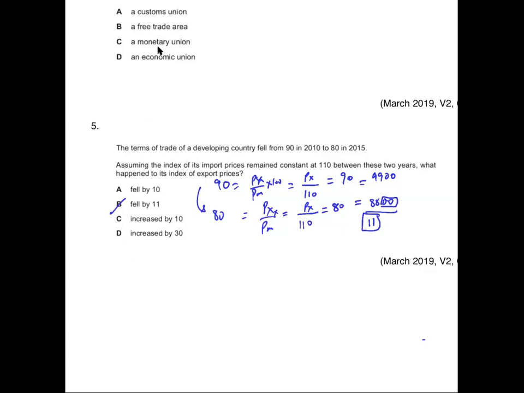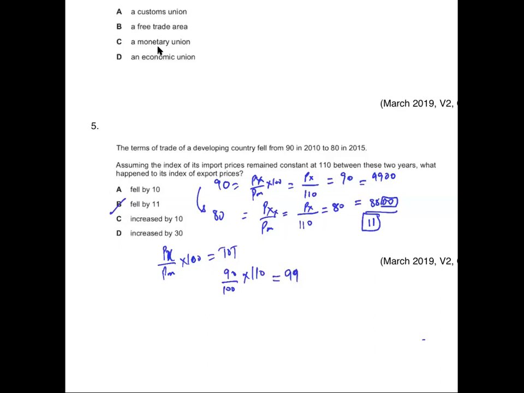Does that make sense to everyone? Let me solve it again. Remember, PX over PM times 100 is the formula for terms of trade. So I should say 90 over 110 times 100, which is about 82. Actually, taking it as 90 over 100 times PM, PM is right now 110, I'm looking at this to be 99.